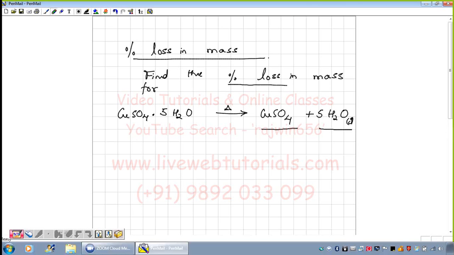So we are going to find the RMM of this. We are going to find the RMM of this. Okay, or you can find the RMM of this because this is the loss. Correct? So we'll find this RMM. Out of that, this much will be lost. And then we'll find the percentage loss. Okay, so you can calculate this.